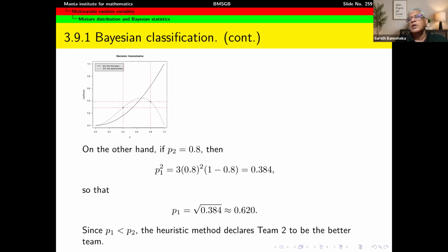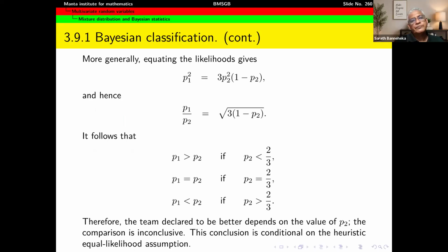Therefore the inequality between those two can also be different, as we saw. Therefore, using this method, it is not possible to declare one team as the better team. So according to this criterion, using the data we have, we don't have a decision actually. The decision is inconclusive, right?